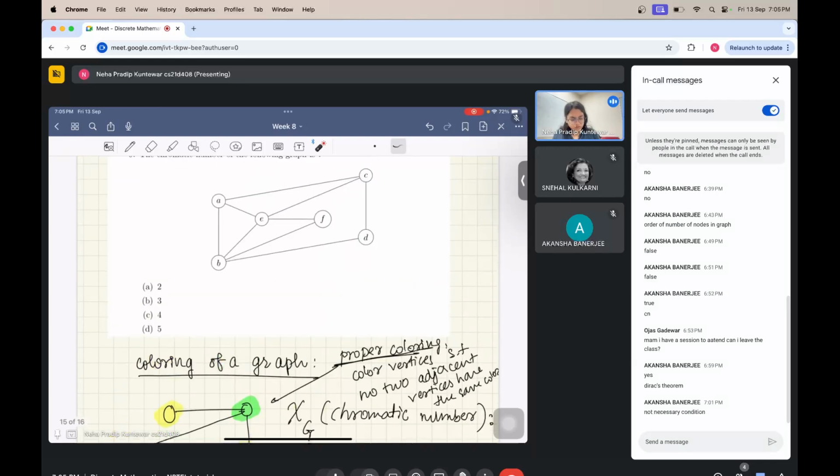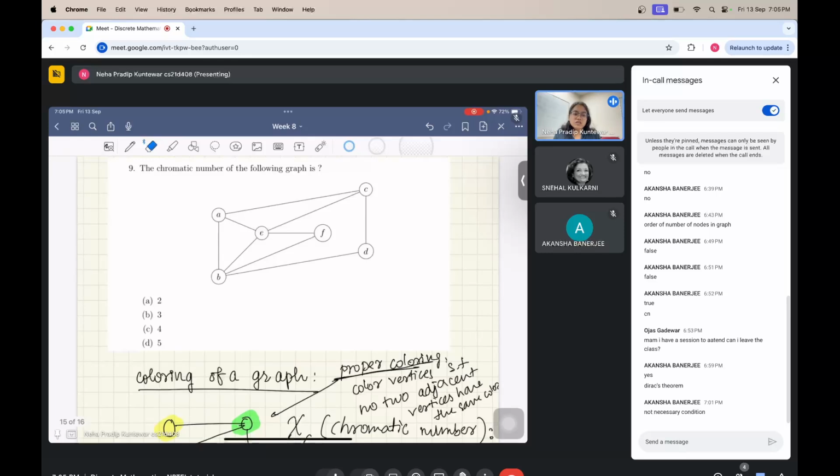So that's what we mean by chromatic number. And the question is, you want to tell the chromatic number for this graph. I'll be back in a couple of minutes. In the meantime, please try this out.